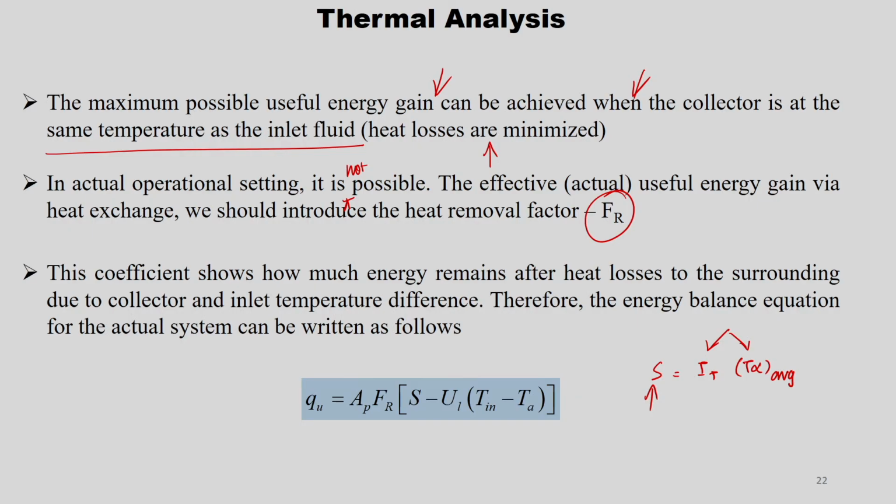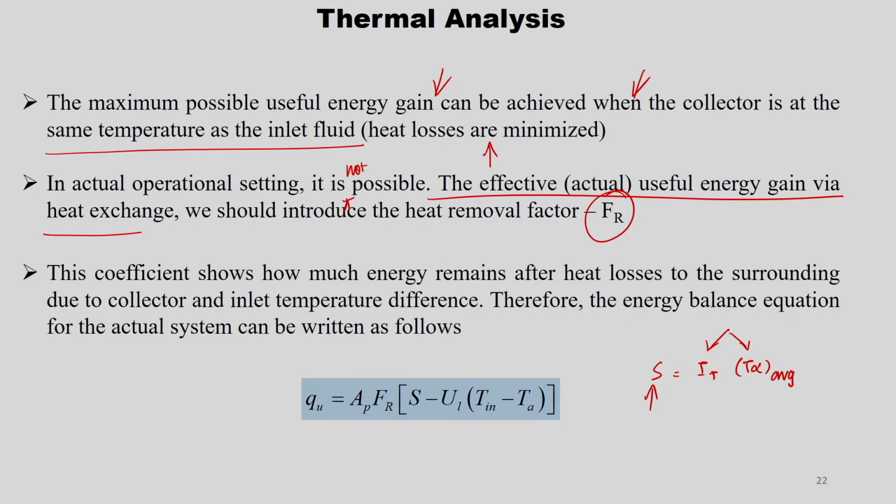So, in an actual operational setting, converting the radiation received into useful heat gain may not be 100% possible. That effective useful energy gain via heat exchange can be defined by the factor F_R, which is nothing but the heat removal factor.